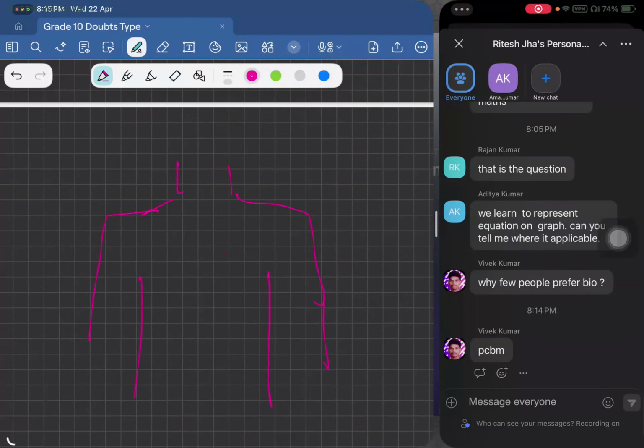If I consider the heartbeat, near the heart there are three different points. This is known as the Einthoven triangle. In this triangle, the upper region and the lower region are at different electric potential.